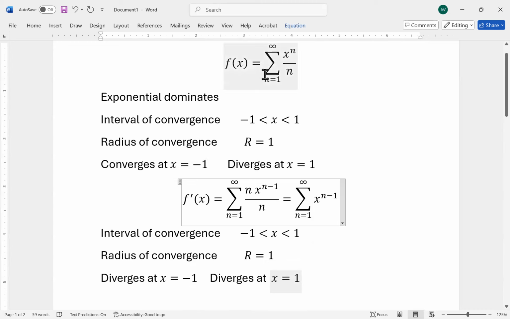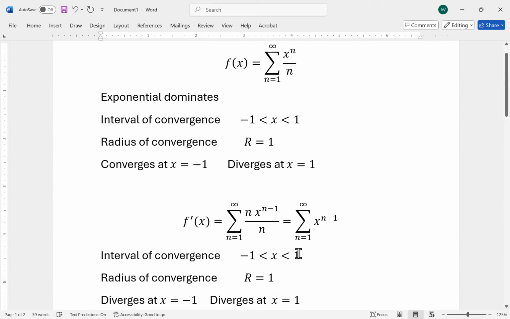The power series has the same interval of convergence, same radius of convergence, but at the endpoints, the original function converged at x equals -1, whereas my derivative now diverges at x equals -1. My original function diverged at x equals 1. My derivative also happened to diverge at x equals 1.